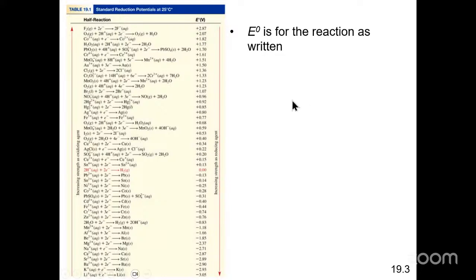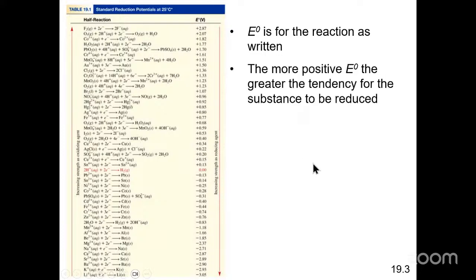The second thing I want to make note of is that the more positive the standard EMF value, the greater the tendency for the substance on the left side of the equation to be reduced. For example, of all of these in this particular table, fluorine has the greatest tendency of being reduced because its EMF value for its reduction is the highest at plus 2.87.